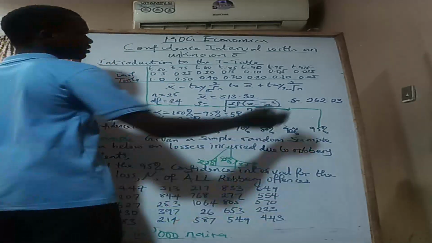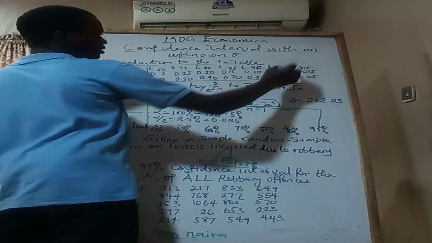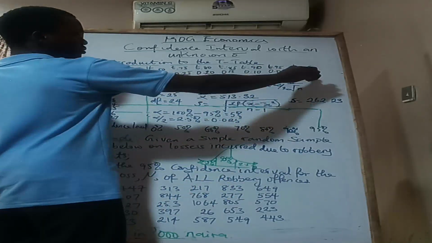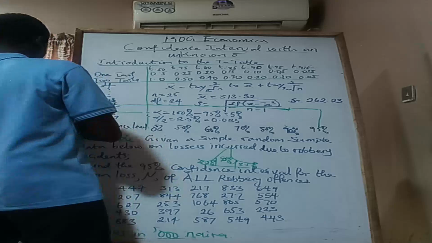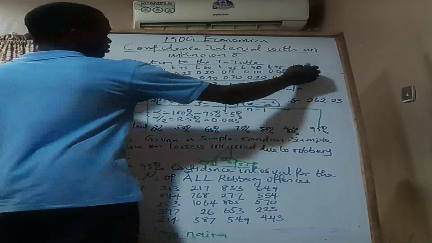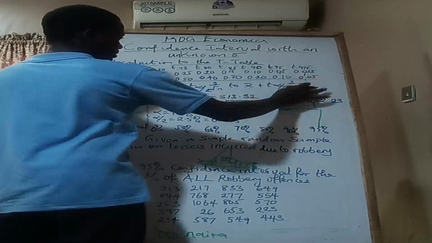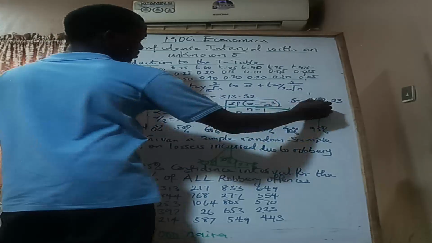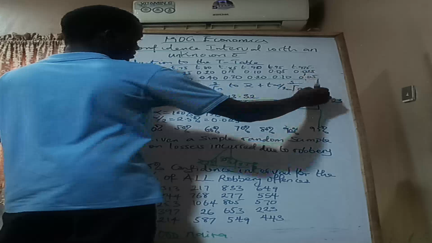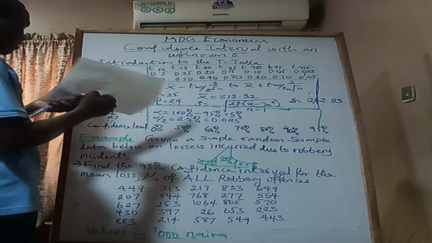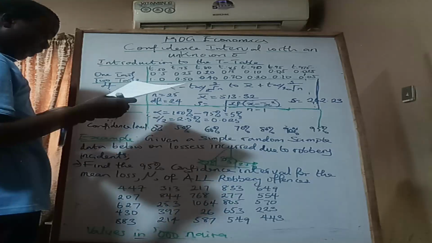The other way I could do it, for one tail, the t value of 0.025 is here. So I can just bring this one down and trace it up like this. Either way, I'm going to have a value over there.